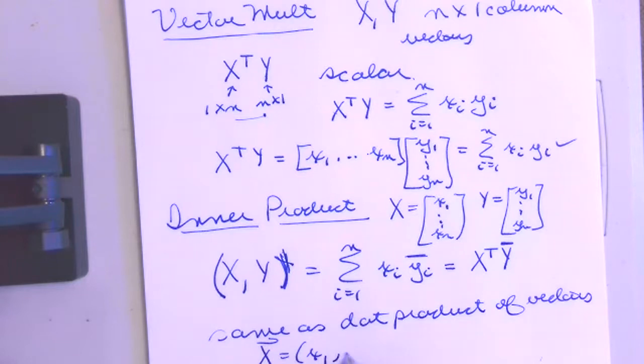This is the way you would usually write it in calc 3, although usually the vectors don't always have capital letters. That's the dot product of vectors in Cn, because they could be complex numbers.